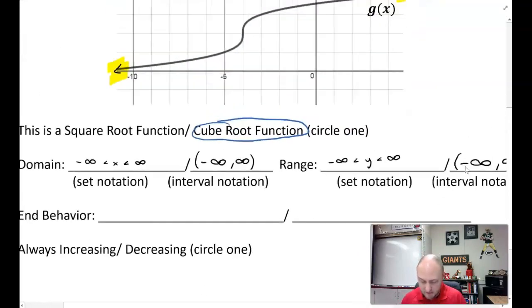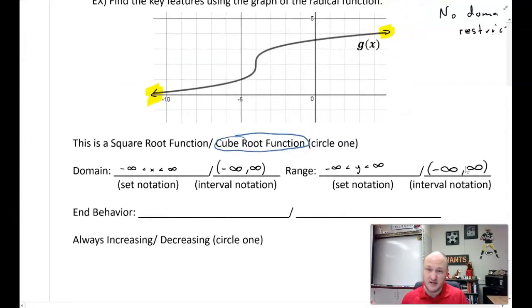All right, now end behavior. Okay, I have two arrows. That means I have double the work. So I just have to go ahead and list both end behaviors. So as we go to the left, we're going down. Okay, so that's negative, negative. And then as we go to the right, our function is going up. So that's positive, positive.